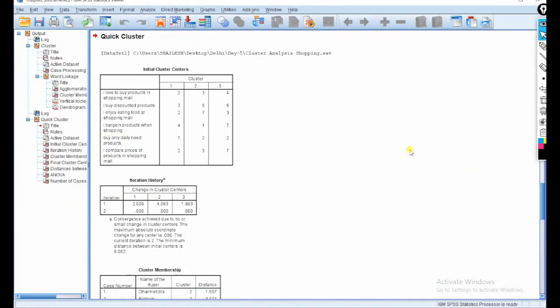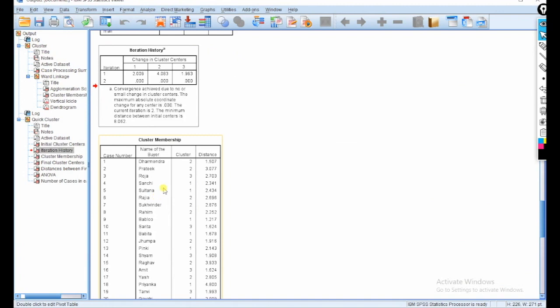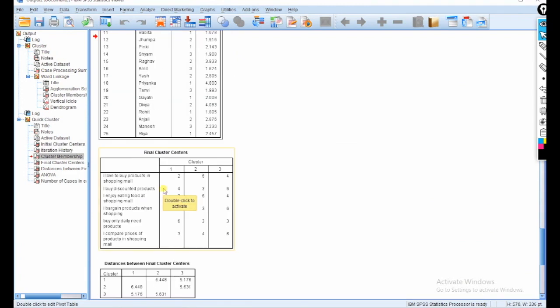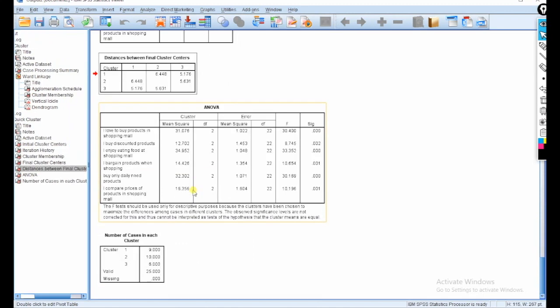Now you can see the tables. There are many tables: initial cluster centers, iteration history, cluster membership, final cluster centers, distances between final cluster centers, and the ANOVA table.